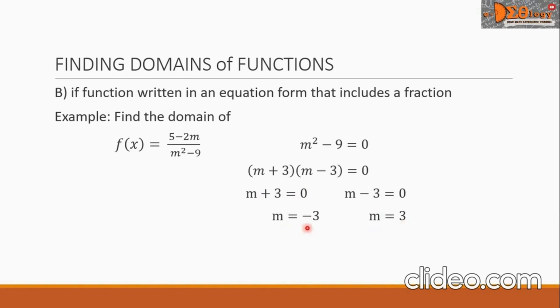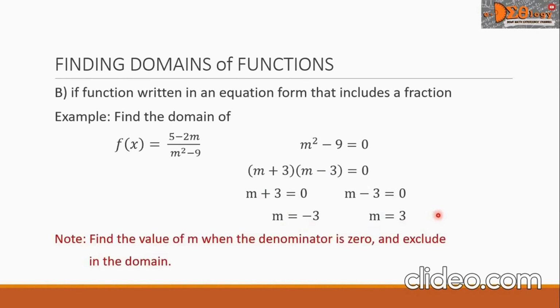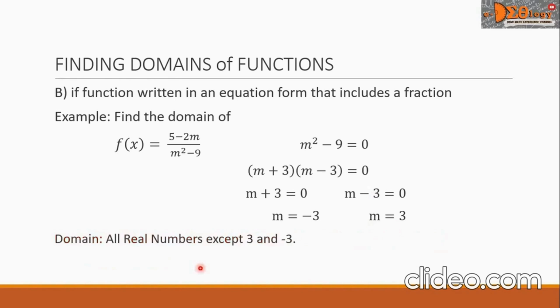The first is negative 3. The second is positive 3. Again, we look for these values of m because these values will make the denominator equal to 0, and we will make sure that we exclude these values in the domain.